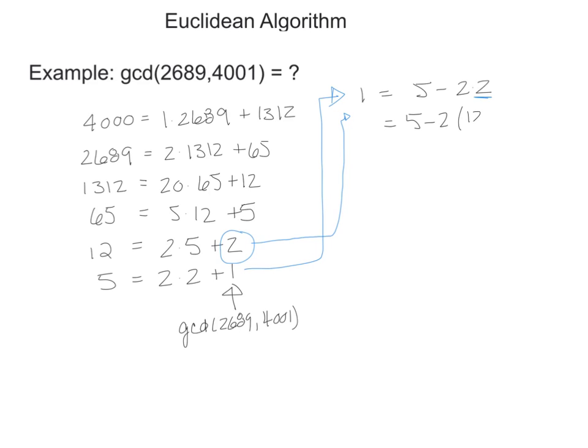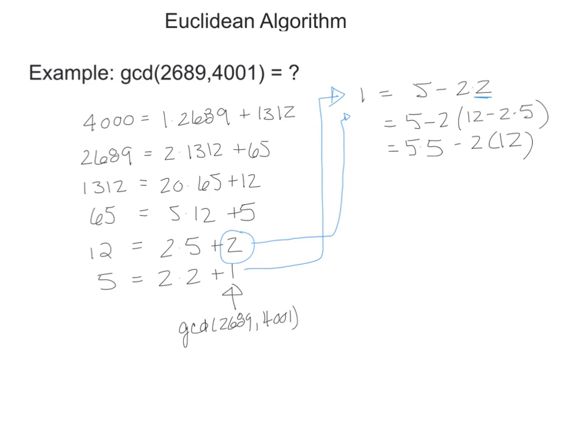So I'm going to have 12 minus 2 times 5. Then I'm going to do some regrouping, and say that's equal to 5 times 5, because I have this 5 here, plus I have another 4 5s, right? That minus 2 times 5. And then I am going to still be left with my 2 times 12.